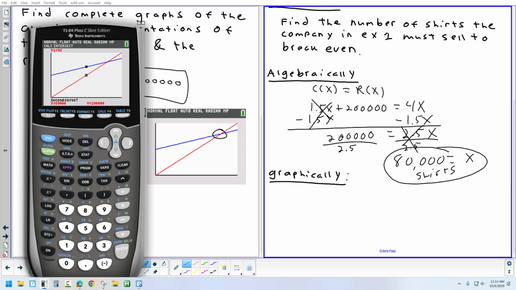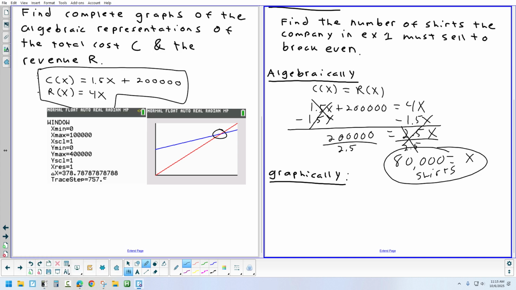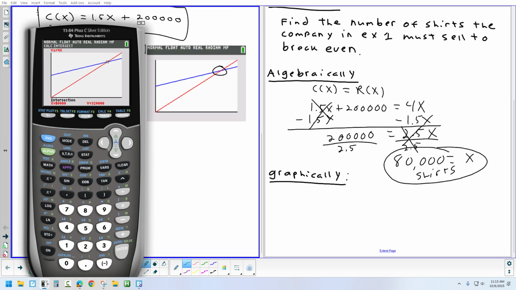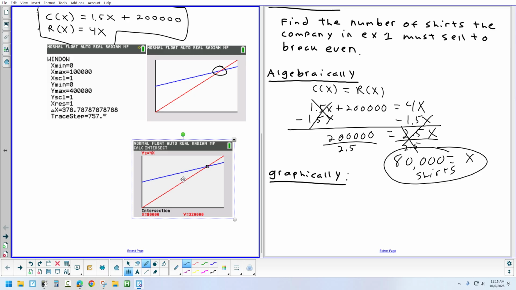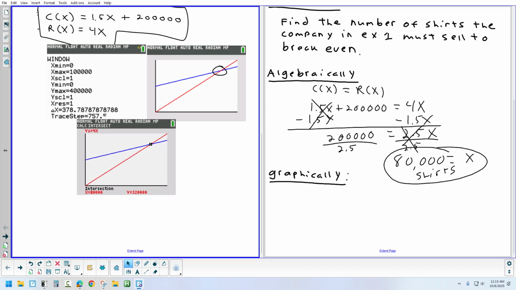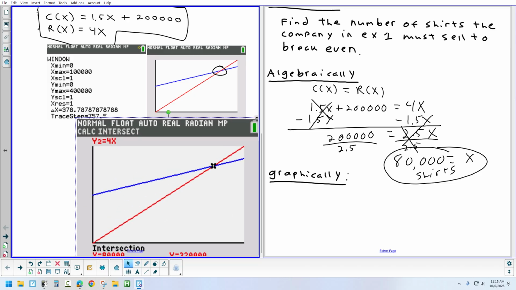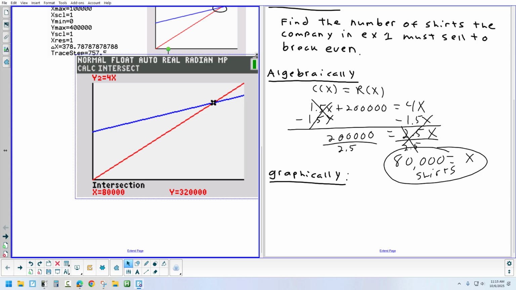Pick a point on the blue, pick a point on the red, pick a point anywhere, and it tells you where they cross. So it shows us that the intersection point is when x is 80,000, which is exactly what we got when we solved it algebraically.